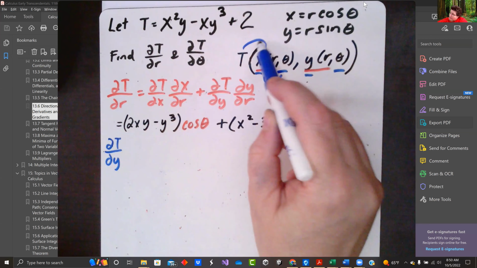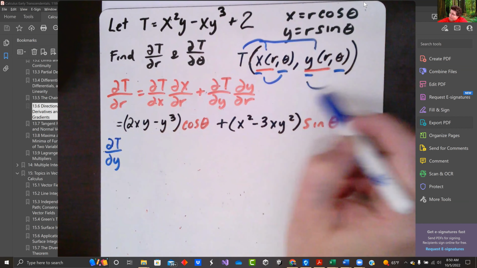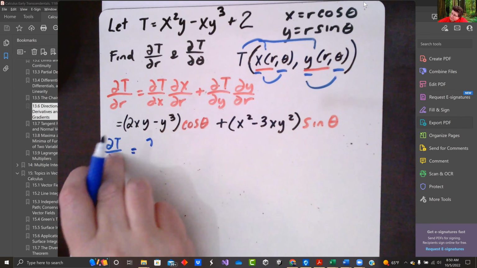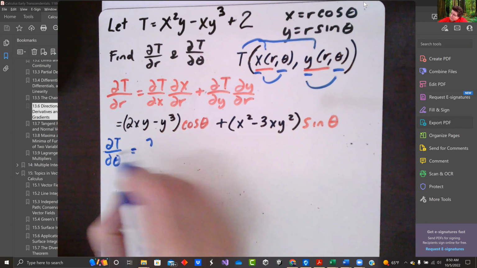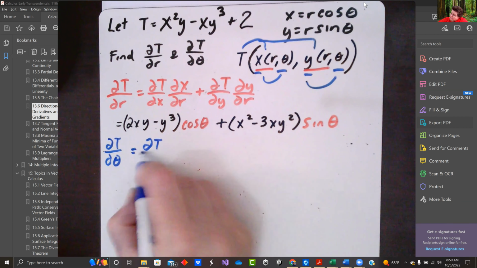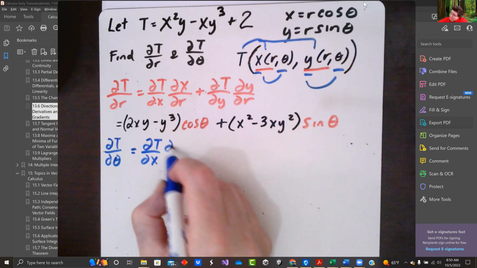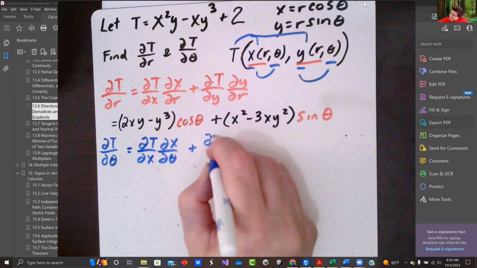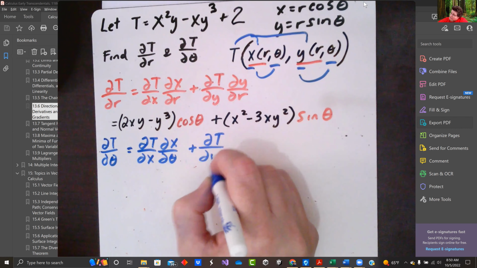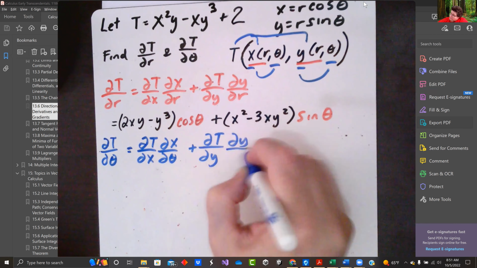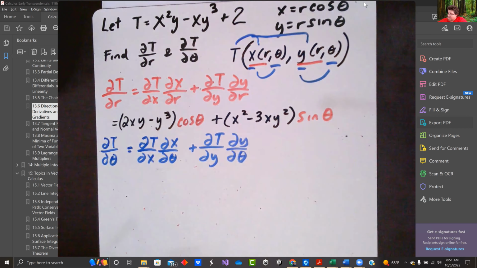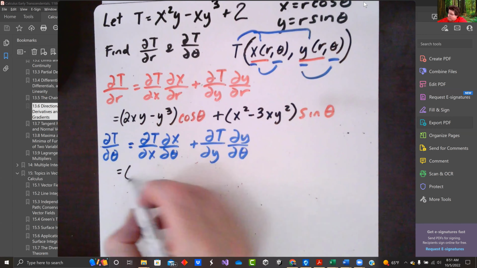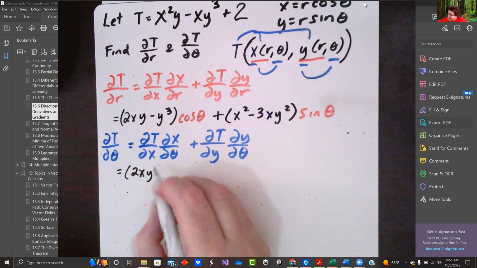Boom, boom, boom, boom. And since I'm smart and I know I don't have to repeat the work, I will copy my parentheses from before.